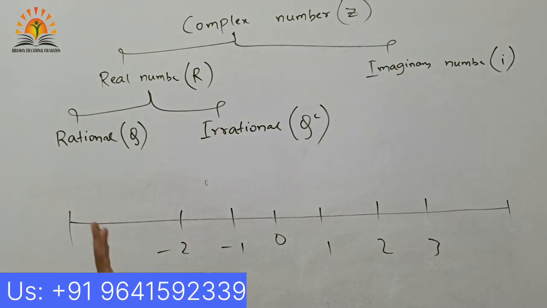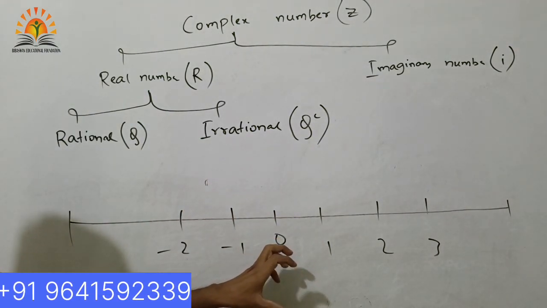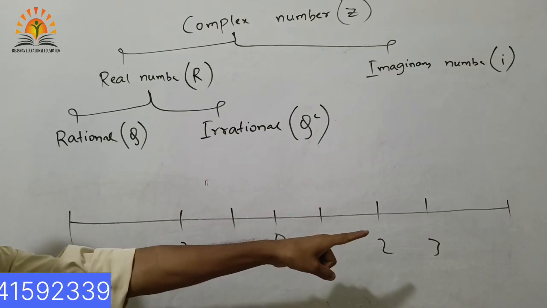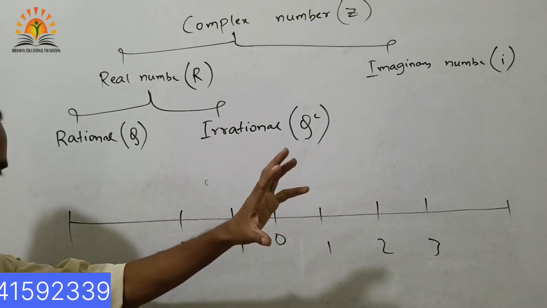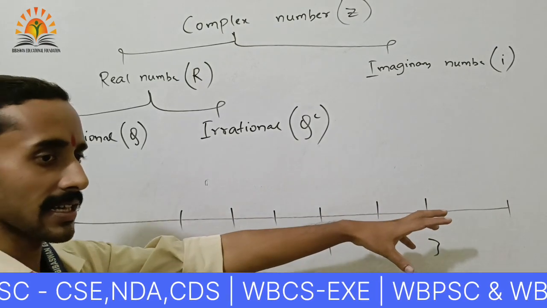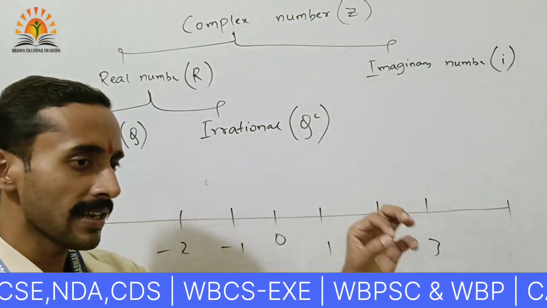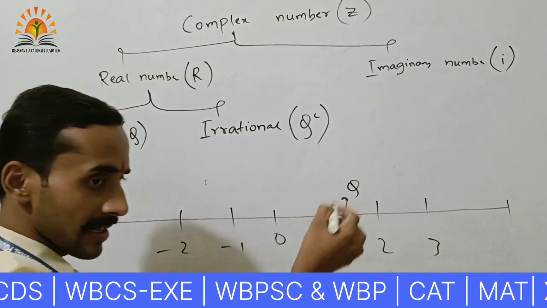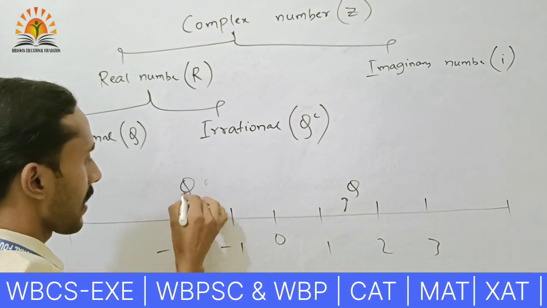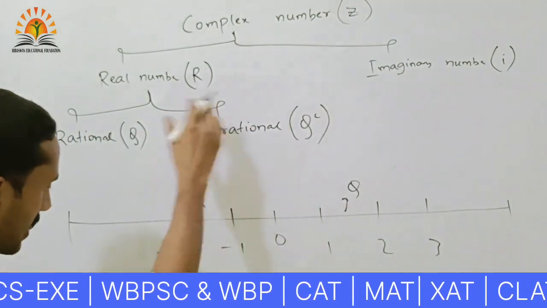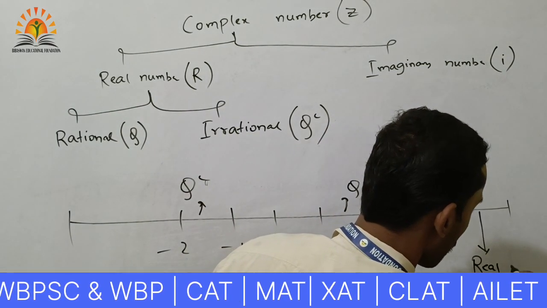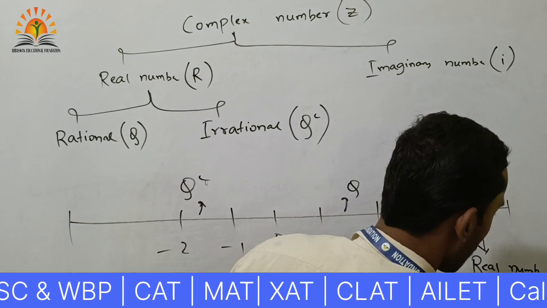The combination of rational and irrational is called real number. So this line consists of real numbers, because this line is nothing but the combination of rational number and irrational number. Here there are infinite rational and infinite irrational numbers. And this line is known as the real number line.